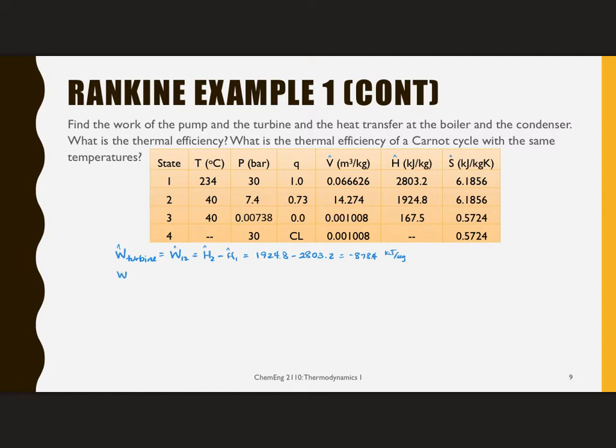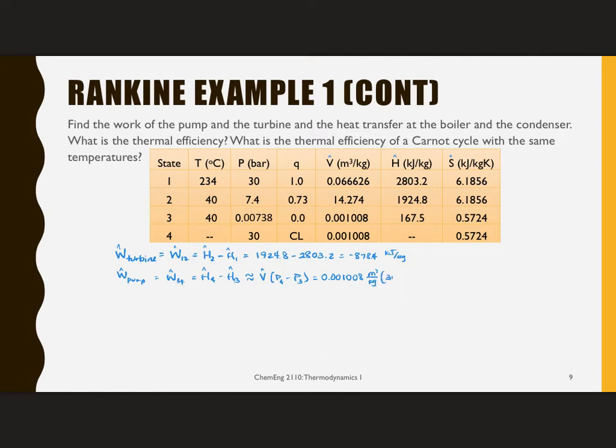For the pump, it's going to be similar, right? This goes between states 3 and 4, so it would be H4 minus H3. However, I don't have H4. This is where we get to use our approximation, that this is approximately equal to the volume times P4 minus P3. And those I have. So the volume is 0.001008 meters cubed per kilogram.